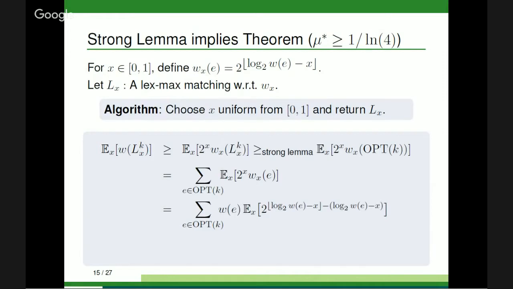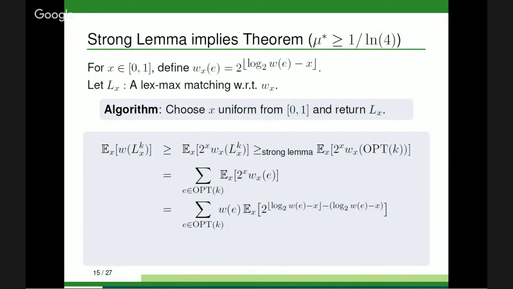You take away a weight of E. You take outside the expectation a WE. So you have to add a 2 to the minus log base 2 of WE inside this parenthesis. And then what you realize is that this quantity over here is just the expectation of 2 to the minus U, where U is the floor of a number minus this number.